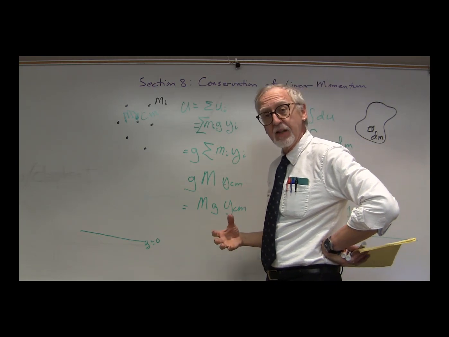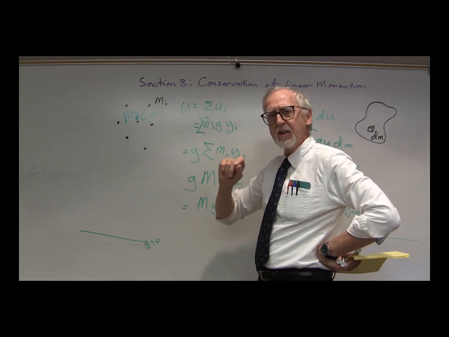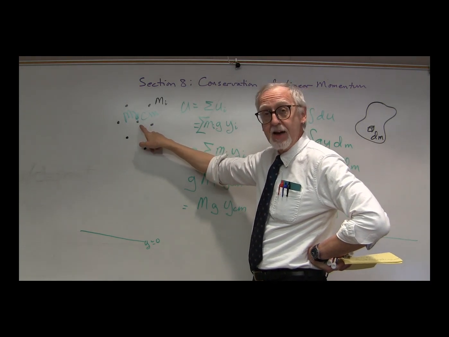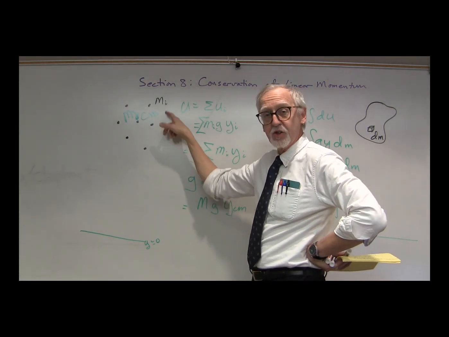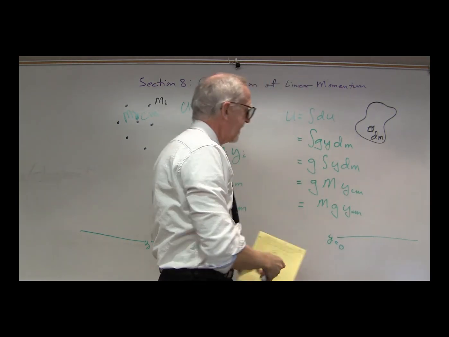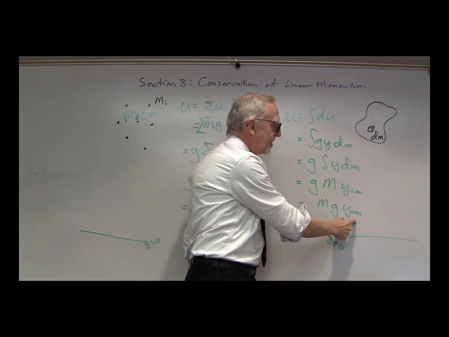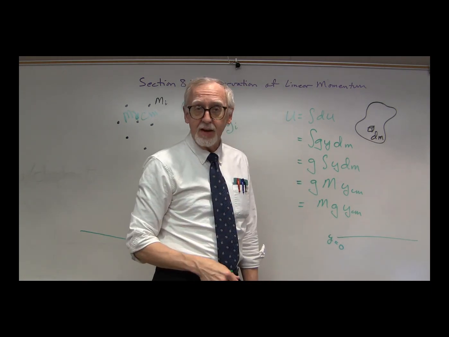So the potential energy of the extended system is exactly the same as if we had a single point mass located at the center of mass with a mass that's the total mass of the whole system. Likewise, that's exactly what this is telling us. The total mass times g times the height of the center of mass.